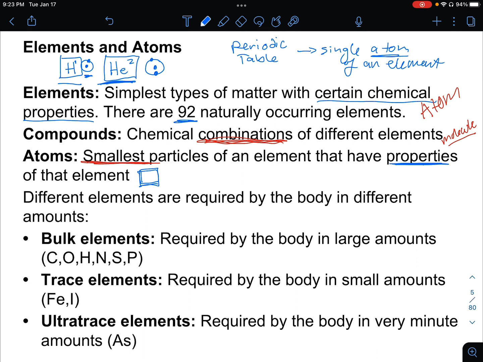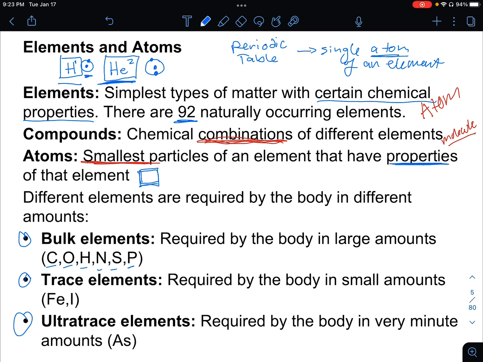The different amounts are going to be subdivided into our bulk elements, our trace elements, and our ultra trace elements. Required by the body in large amounts, our top 6 elements are going to be carbon, oxygen, hydrogen, nitrogen, sulfur, and phosphorus. Some you don't even think about, but our body needs them in large amounts.